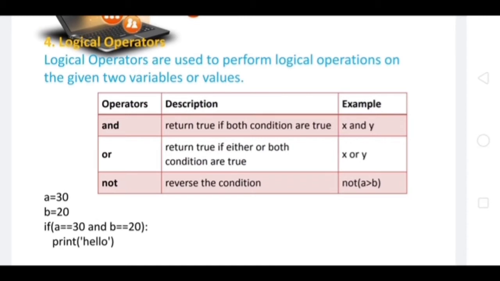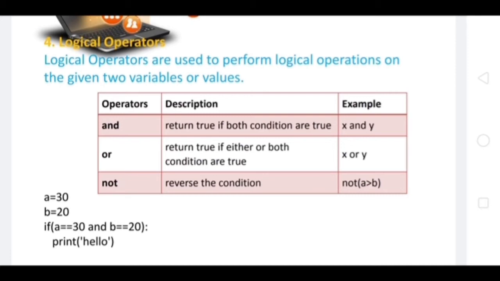Then we have logical operators. Logical operators perform logical operations as we have done in Boolean algebra: and, or, and not. These operators also give the answer as either true or false. The and operator checks both the left hand side and the right hand side.